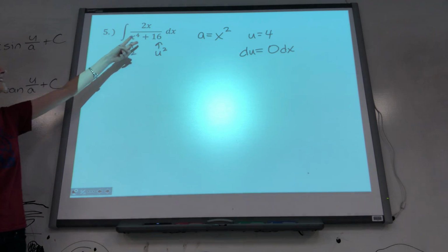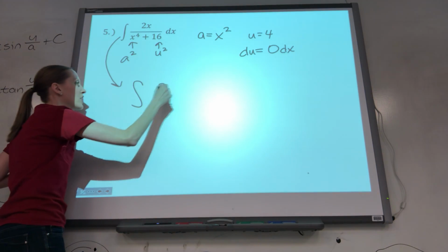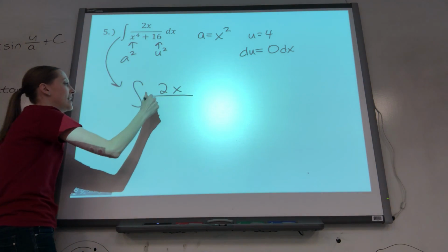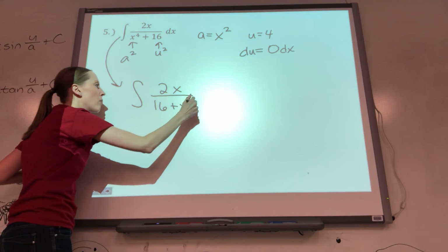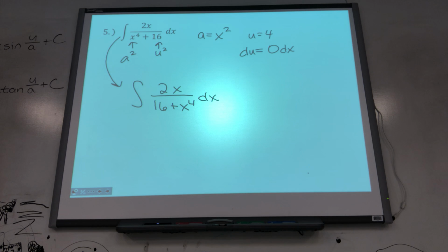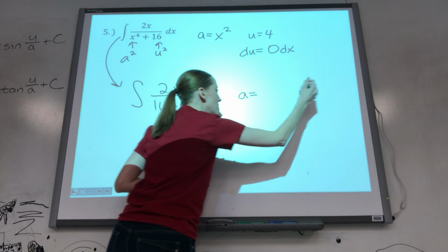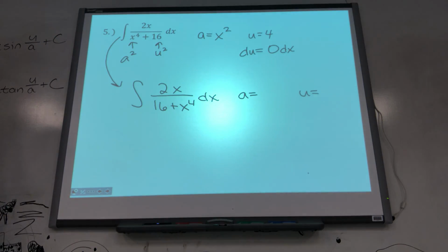Yeah, addition is commutative, so this really could be written as 16 plus x to the 4th dx. You would not be able to do this for arc sine because it has a minus. But for arctan, you definitely can do that if what you need for du is not matching up.